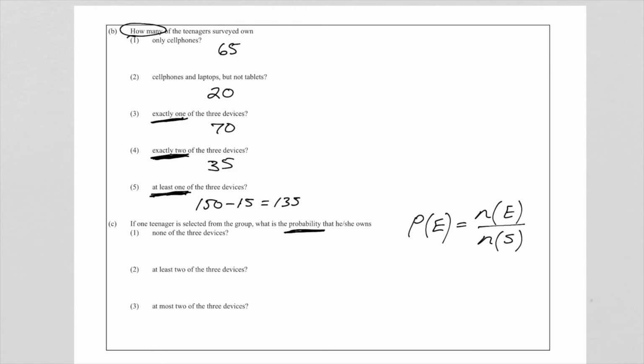We want the probability when none of these teenagers, no one, owns any device. So none of the 3 devices.